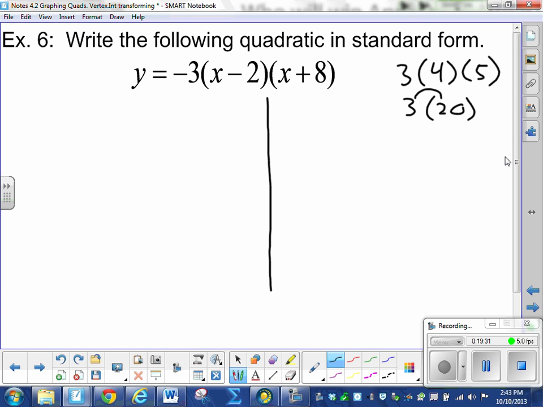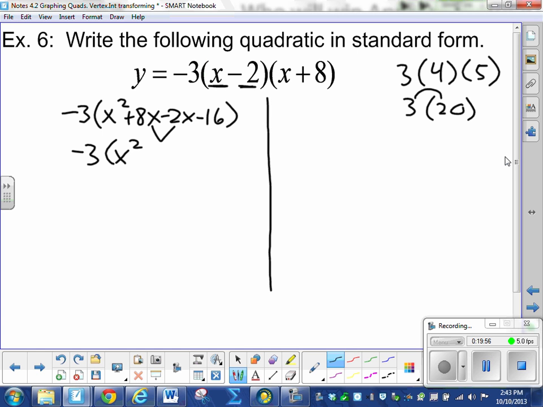So I'll do this 2 ways. So the first way, I'm going to multiply the parentheses first. If I multiply the parentheses first, I'll get a -3. X times x is an x squared. X times 8 is an 8x. So that was the first distribution of this x. Second distribution is a -2, so I'm going to do -2 times x is a -2x. -2 times 8 is a -16. That'll be a -3 times x squared, combine like terms, you get a plus 6x minus a 16.